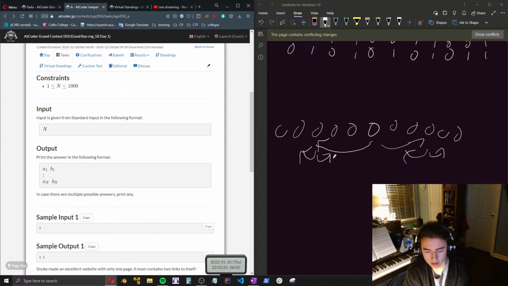Alright, what if we think? Okay, let's change our perspective. What if we think of these as the nodes? The edges are the nodes, and the nodes are the edges.